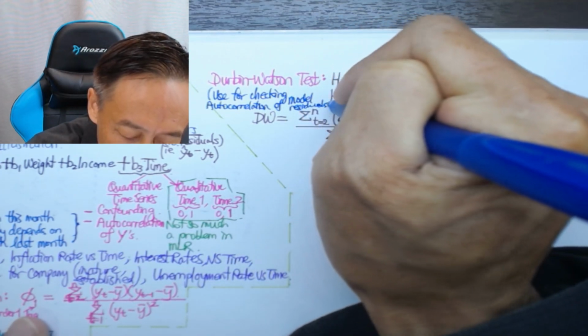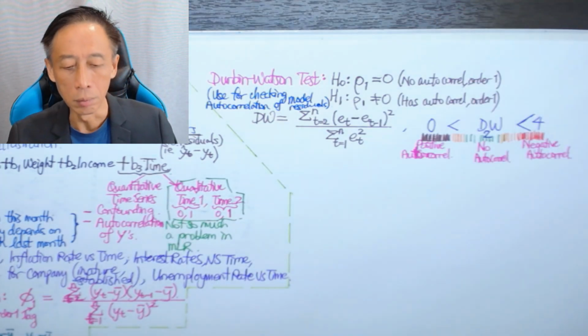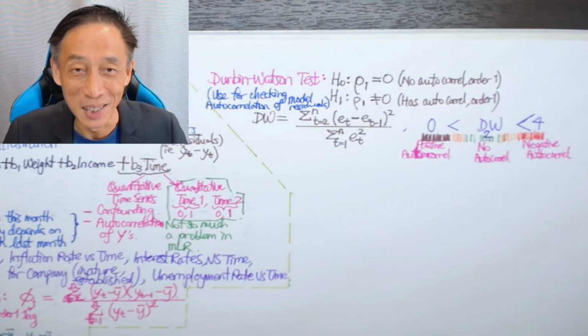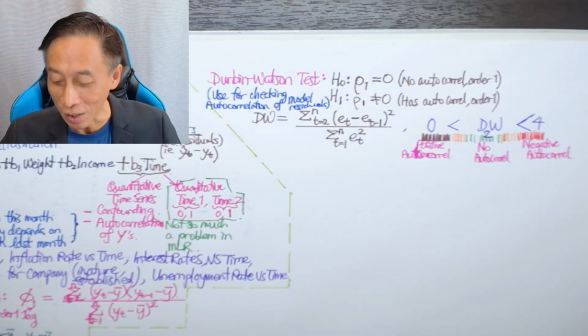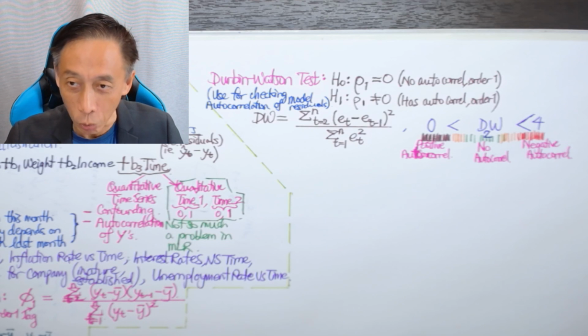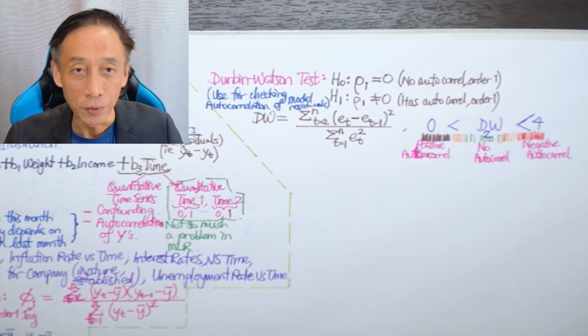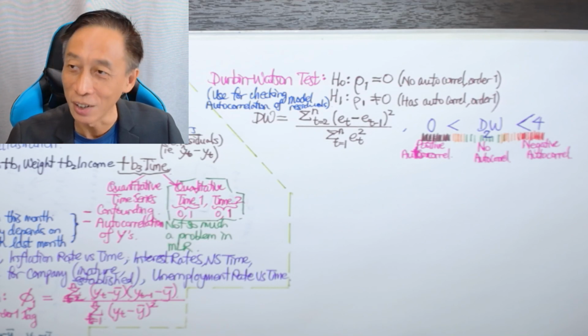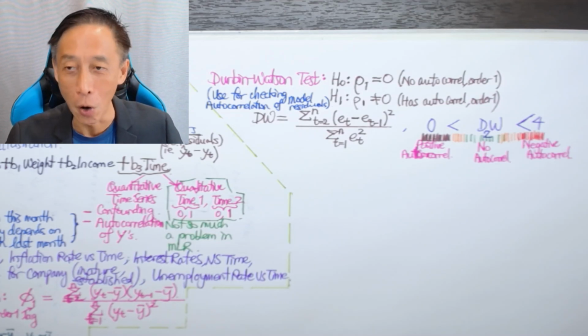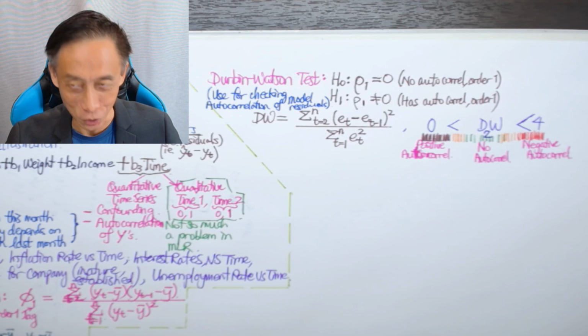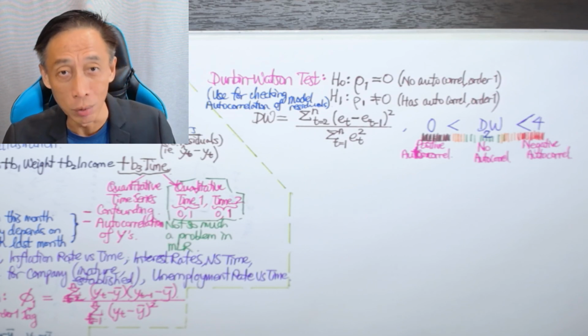So if you don't have a model, then you don't need to run the Durbin-Watson test. Because this e of t you can only get when you have a model, right? You calculate the residue. Okay, so think of the Durbin-Watson test as a sort of COVID-19 test kit, a test kit to let us know if we are suffering from such a problem in the residue.